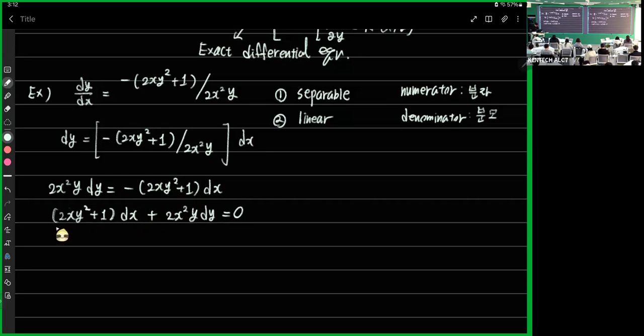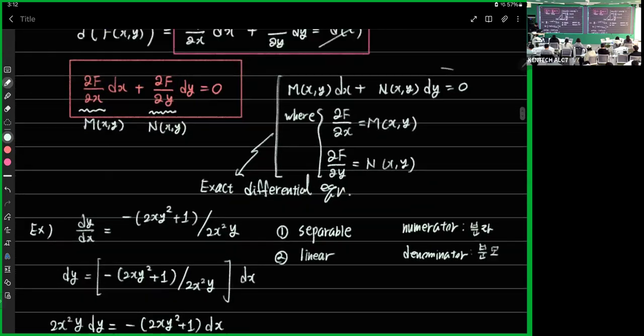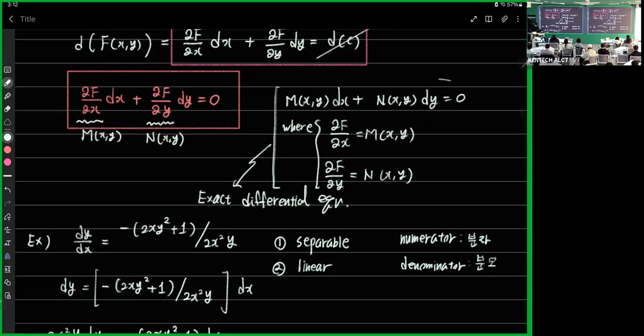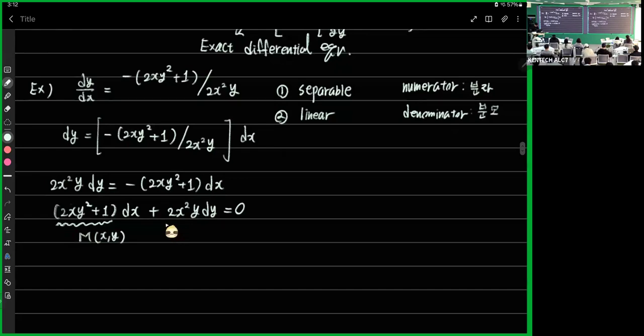Now, let's say this is M(x,y). Keep in mind, for an exact differential equation, the algebraic expression in front of dx must be M, and the expression in front of dy must be N. So this is M, this is N.